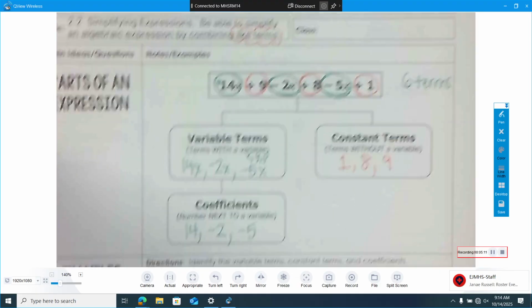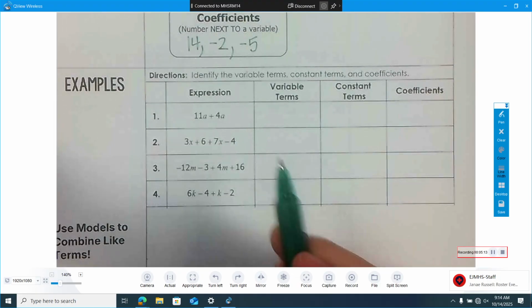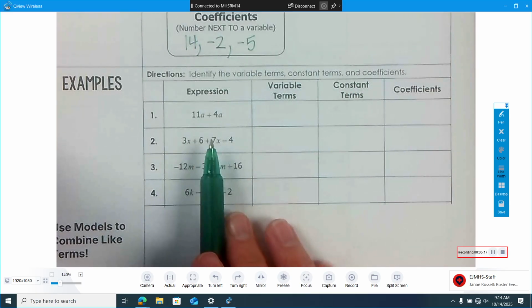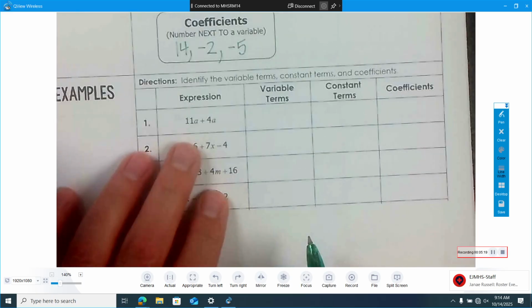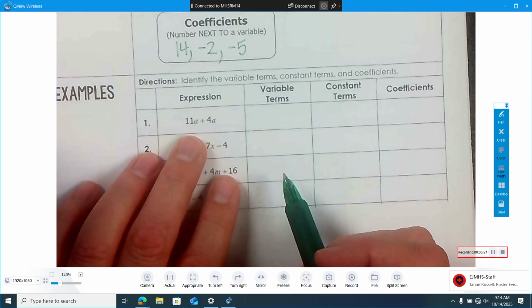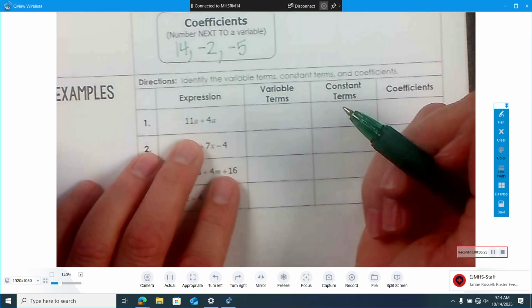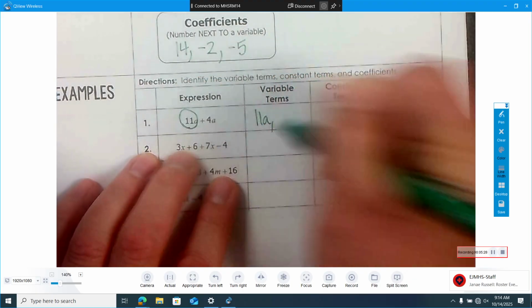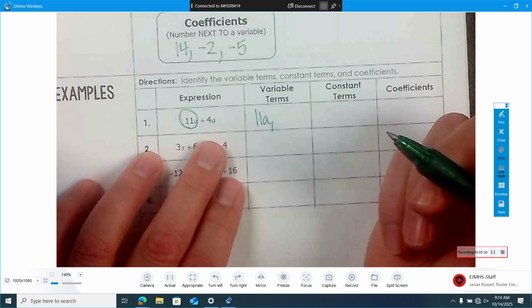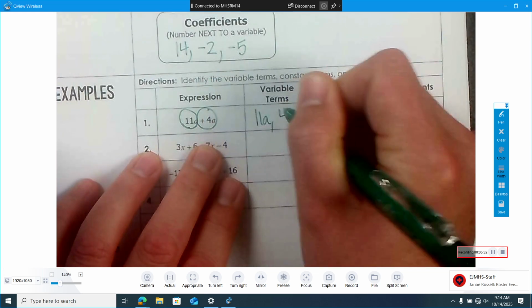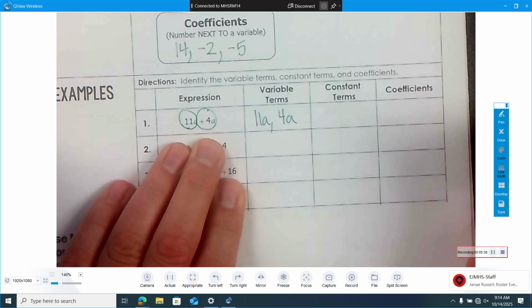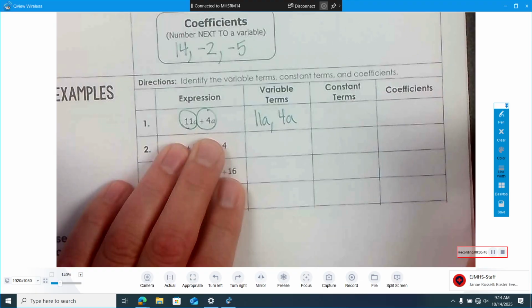All right, so we want to be able to identify the variable term, the constant, and the coefficients here. So in number 1, what are our variable terms? Yeah, we have an 11a, and we also have the 4a. Very good. Do we have any constant terms in this expression on number 1? Are there any constants?